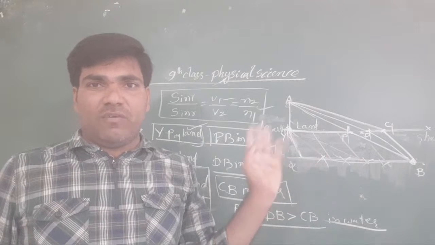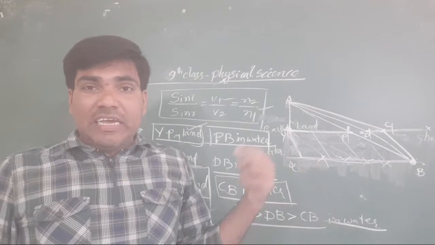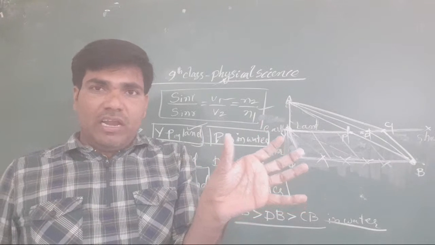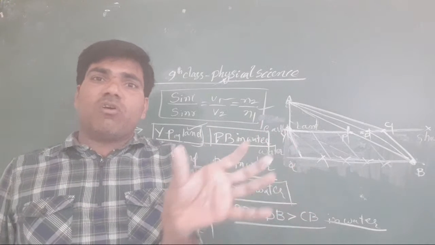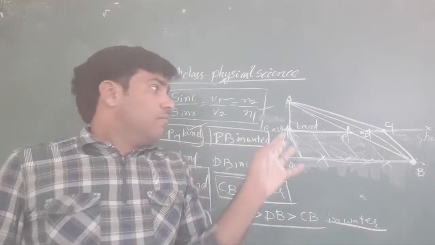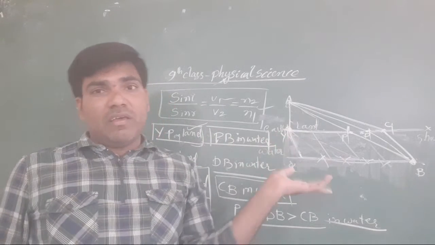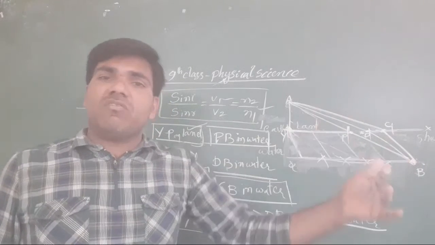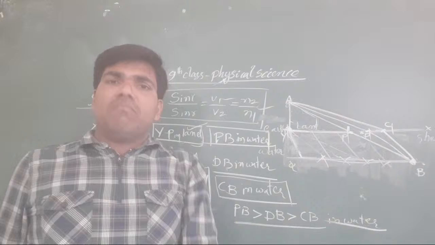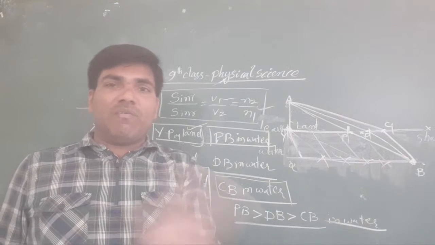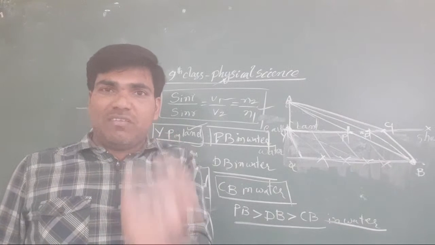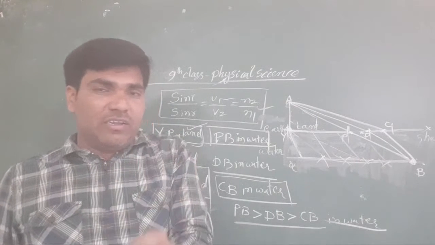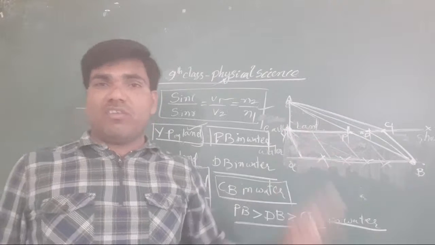Compared with YC and YD, YD is a less distance on the land, but more distance in the water. But check here, the same thing occurs. Y to C, there is more distance we travel on the land but less distance in the water. Though a slight difference is there, if we do not take account of that slight difference, both look the same.